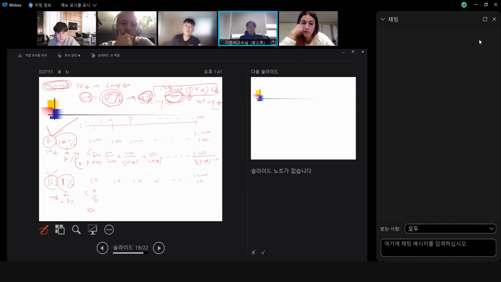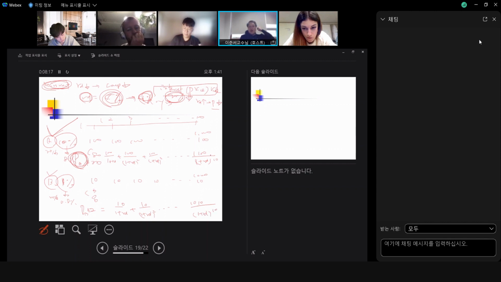That's the bond value A. How about bond B? Bond B's price is 10 divided by 1 plus RD, 10 divided by 1 plus RD squared, 10, 10, and 1,010 divided by 1 plus RD to the power of 10.